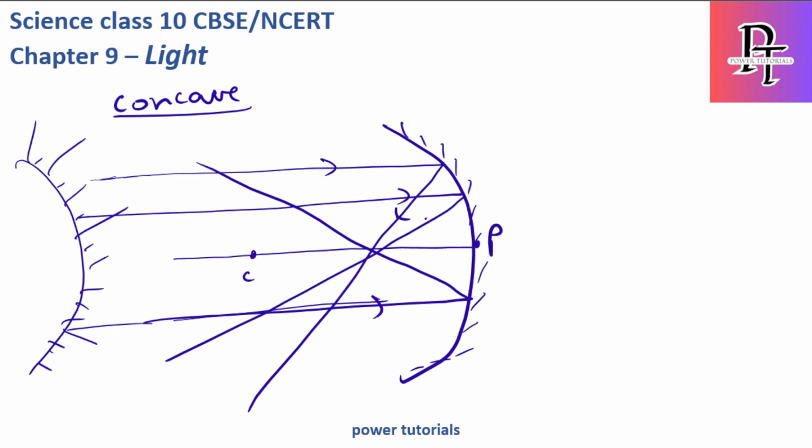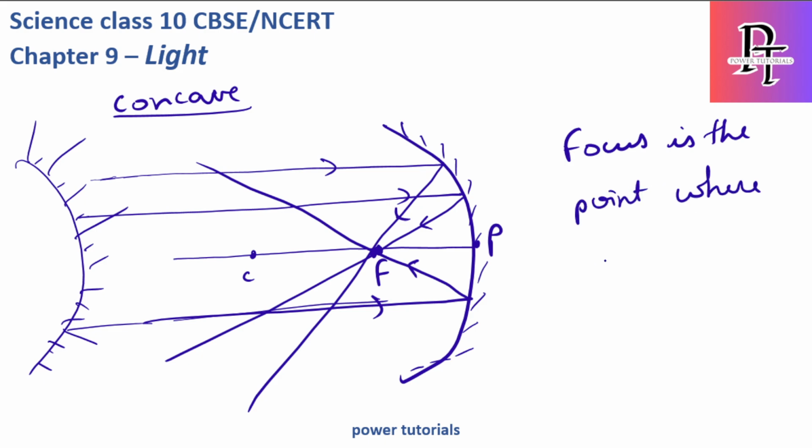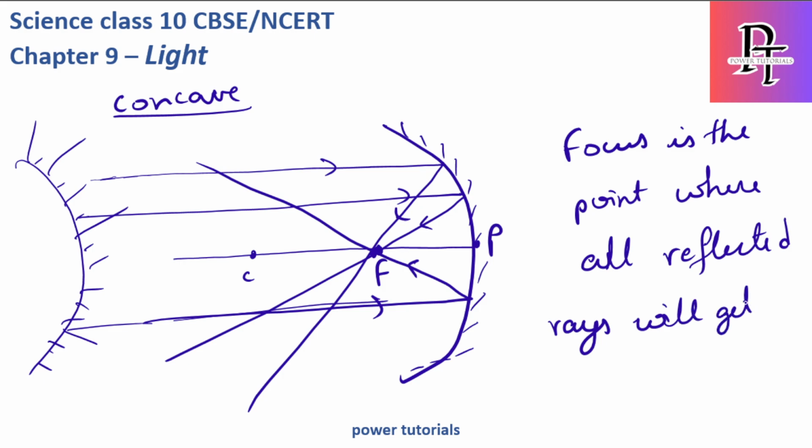Okay, so that point is nothing but the point where all the light rays get reflected, which is nothing but the focus. Okay, so focus is the point where all reflected rays will coincide.